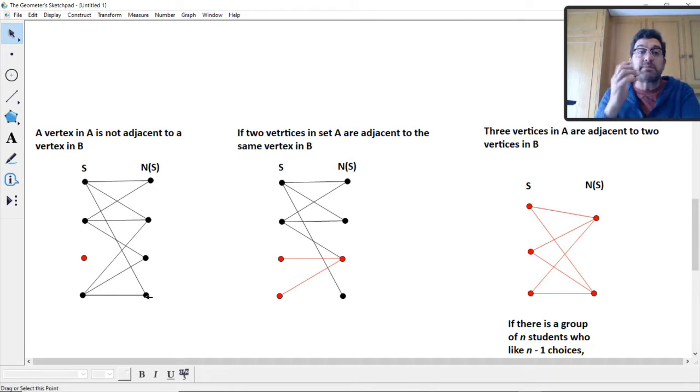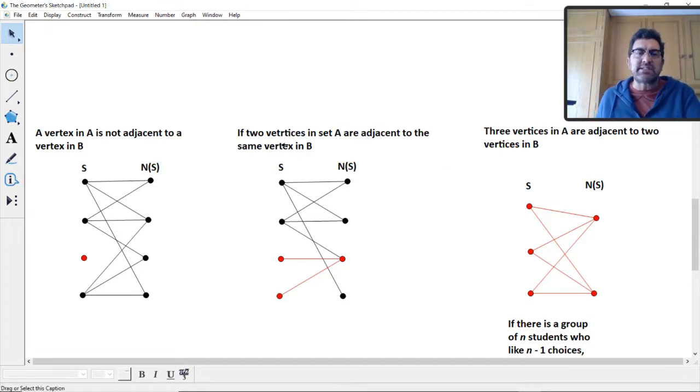So it can be mapped to three vertices in the other side, but we only want to choose one of them. But S has one element in it, and the subset of those vertices, in other words its neighborhood, consists of 3 vertices, which helps.